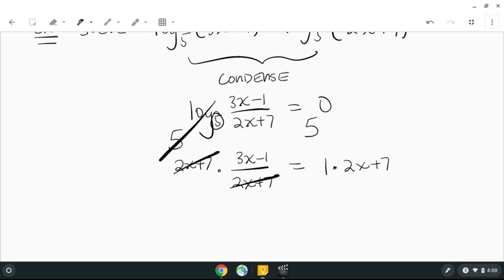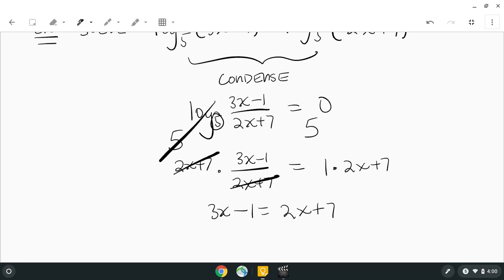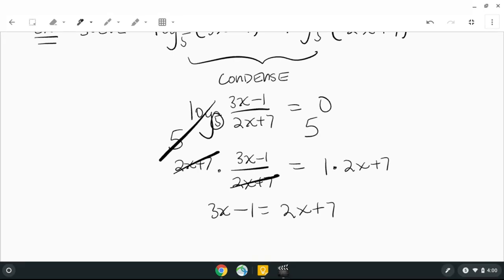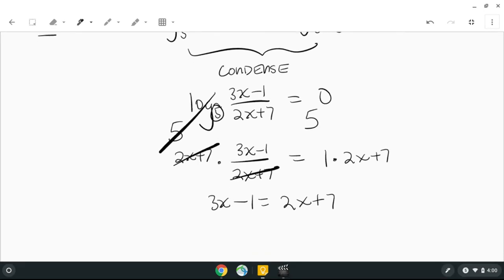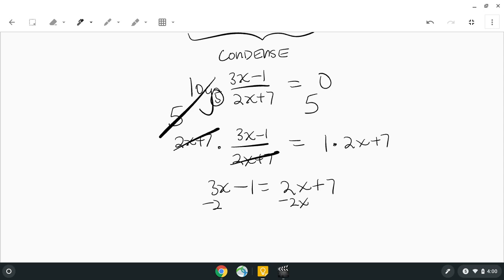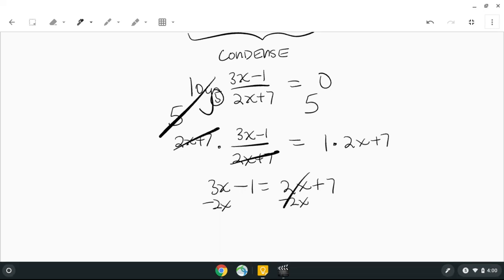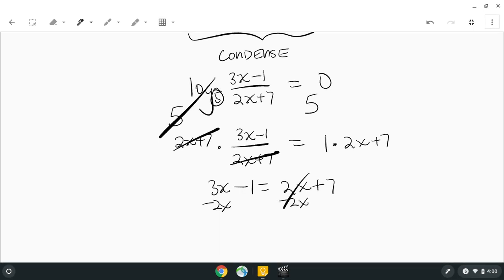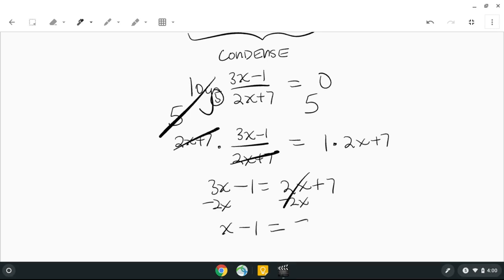And so I get 3x minus 1 equals 2x plus 7. And this is a simple linear equation to solve. So I'm going to subtract 2x on both sides. Okay, so I get 1x, or just x, minus 1 equals 7. Add 1 to both sides, so x equals 8.